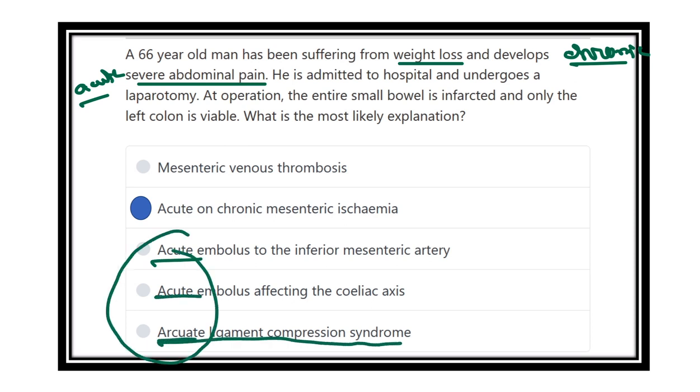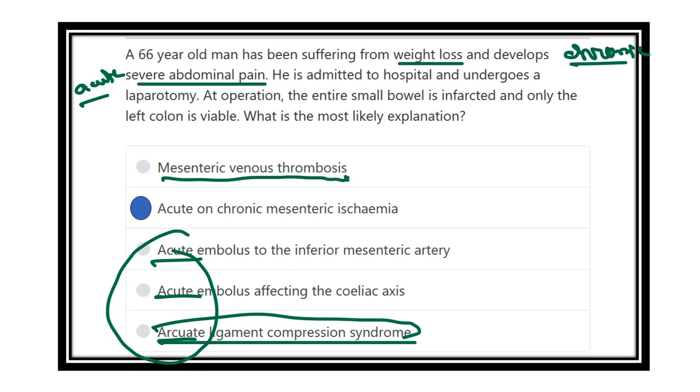Also, in arcuate ligament compression syndrome the scenario is different, because vomiting is usually also present. And the symptoms of mesenteric venous thrombosis are different from this. So it will be an acute and chronic condition, that means acute on chronic mesenteric ischemia.